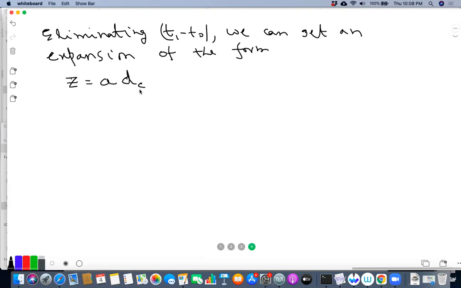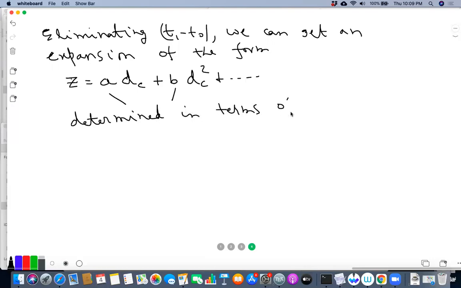Of course, when dc is 0, then Z is 0. That means the object is on top of us. Plus B times dc squared, plus so on. So these coefficients are determined in terms of H0, q0, etc.